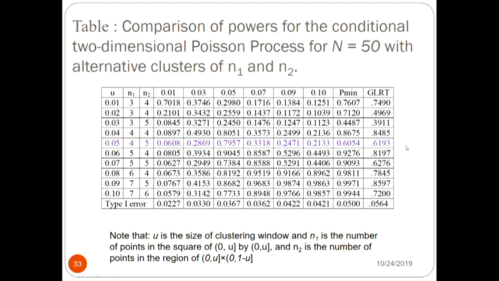So in that case, if we know exactly the clustering size, we can use the fixed window scan statistic. Otherwise, we would rather propose to use the variable window scan statistics.